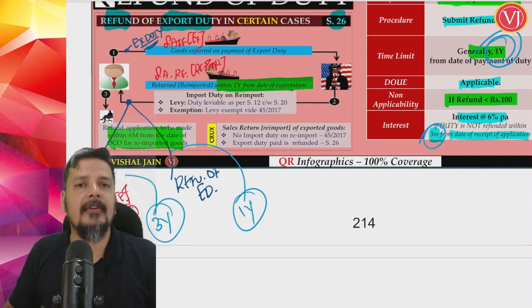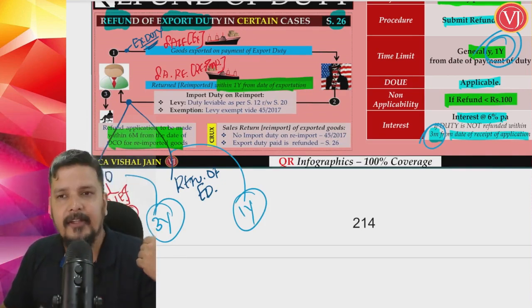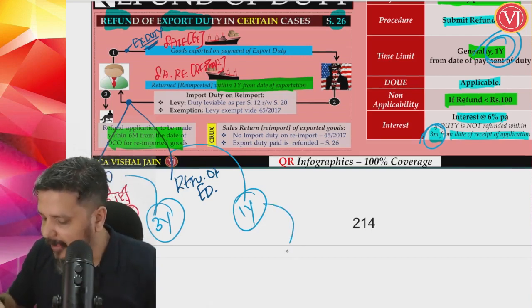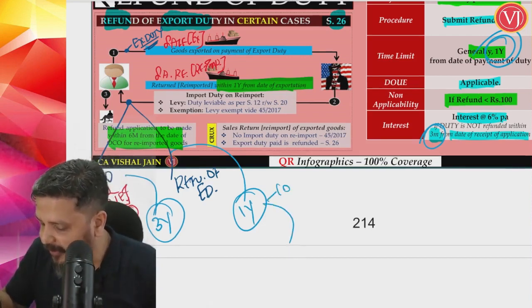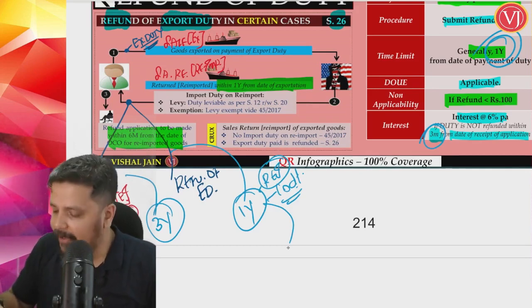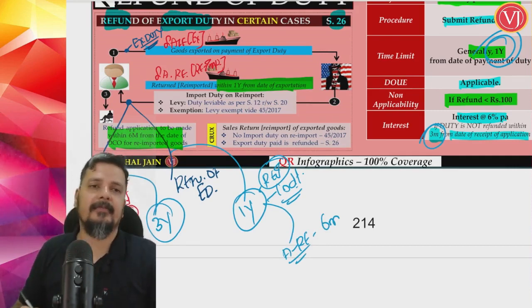You exported, and you get back the goods within 1 year. After they have come back, for the refund application, the condition is: re-import within 1 year, and apply for refund within 6 months.